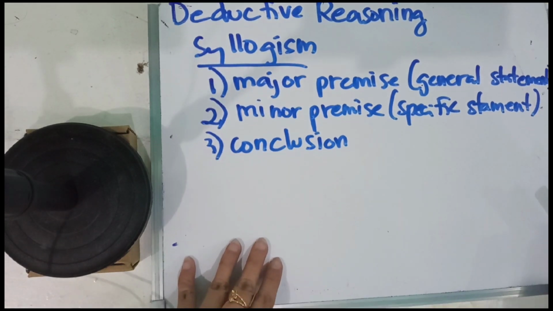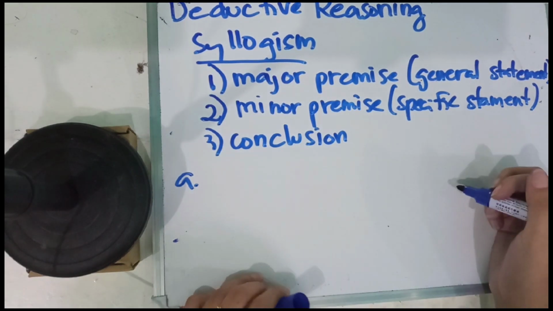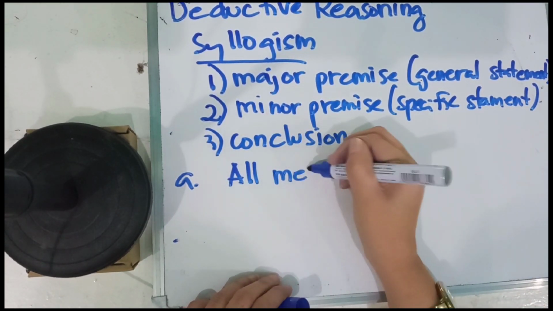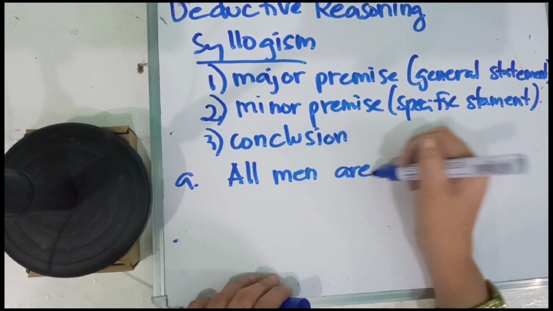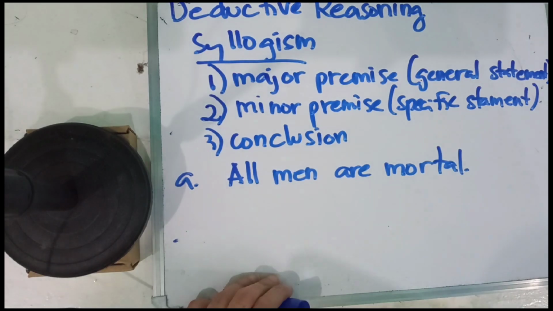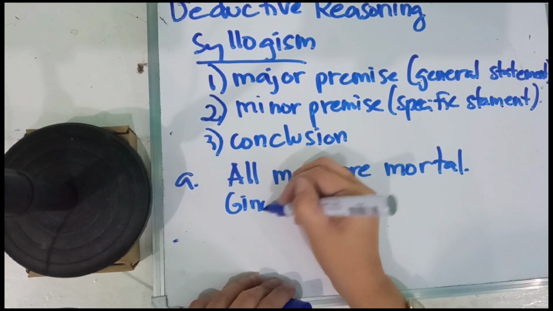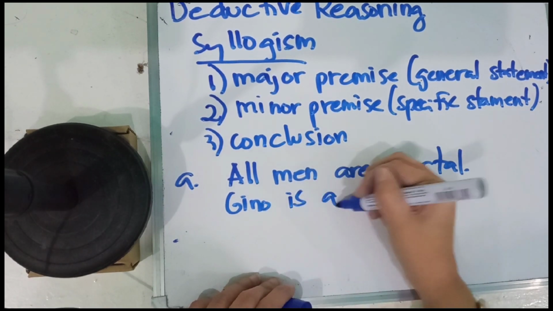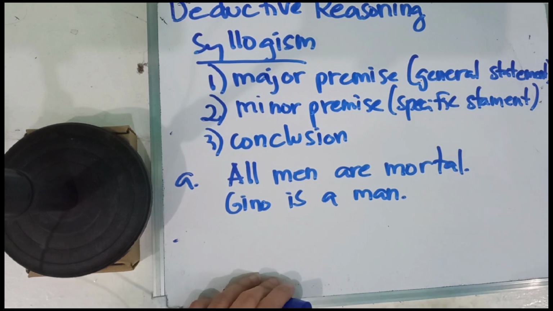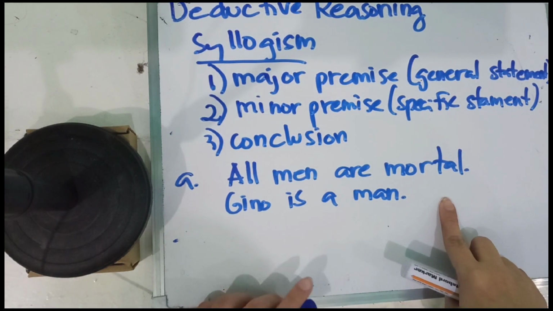Let's have an example. Suppose we have this example. All men are mortal. That's our general statement. For our specific statement, we have Gino is a man. So again, general statement, all men are mortal. Specific statement, Gino is a man.